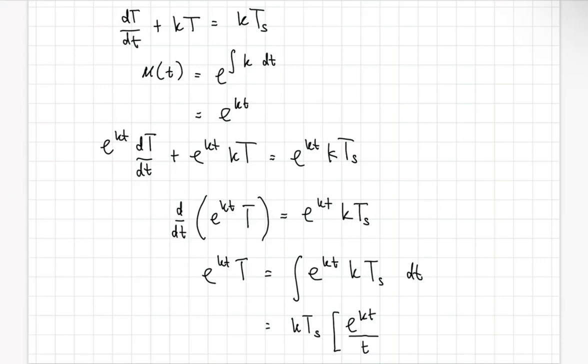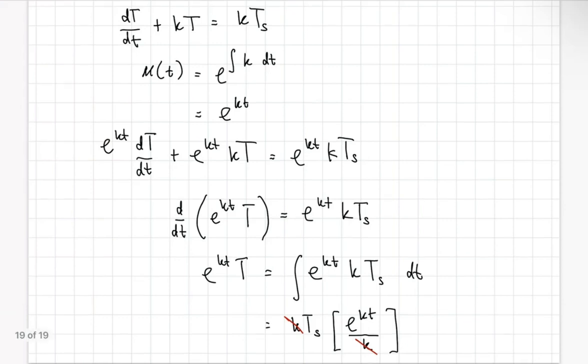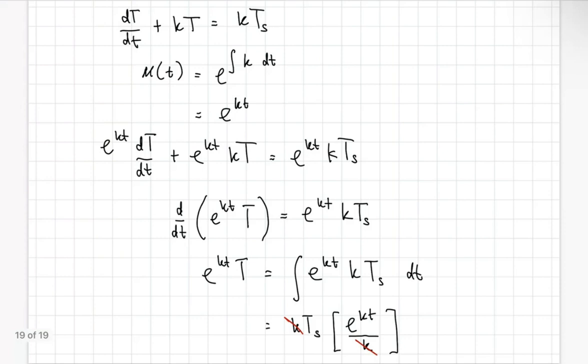Divide by k, the differentiation of kt. So k and this k can be cancelled out. So what we get here is e to the kt multiplied by T equals Ts e to the kt plus c.